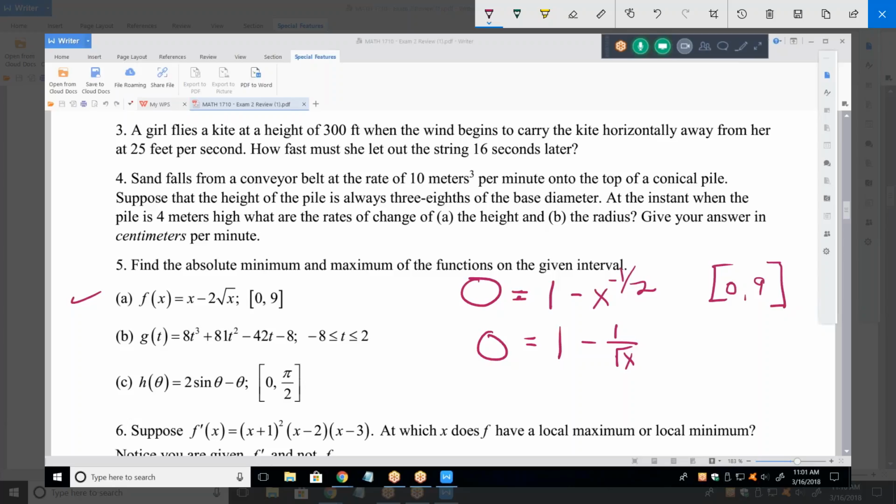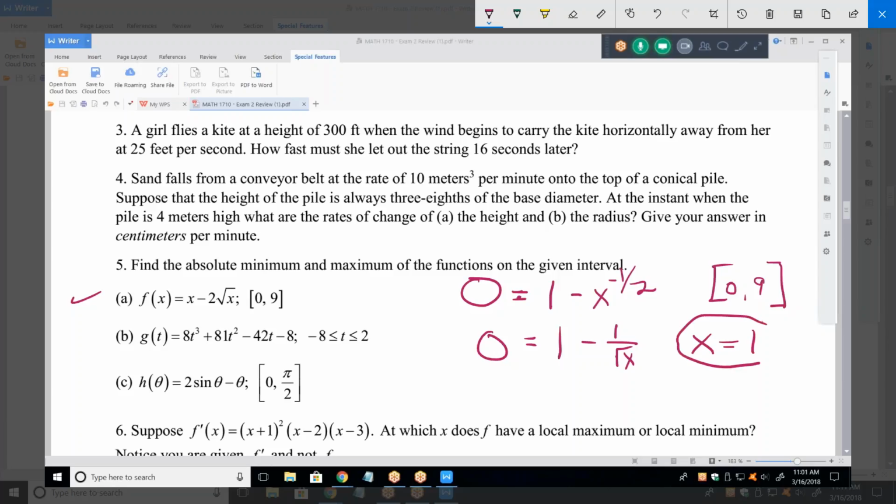Can you solve that? Yeah, I'm just working on it. It's just 1. Correct. X equals 1.